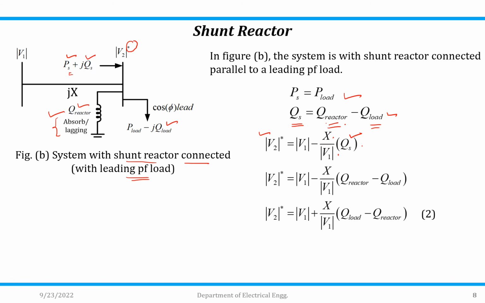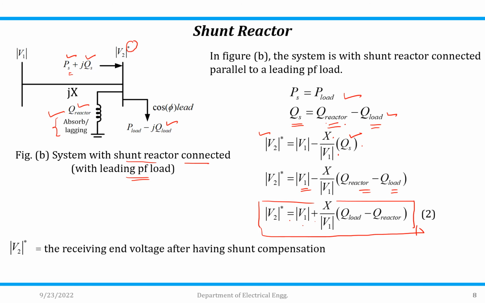So we will get V2 star equal to V1 minus X upon V1 into Q reactor minus Q load. Now I will take a minus sign common, so we will get this expression. Take this as equation number 2: V2 star equal to V1 plus X upon V1 into Q load minus Q reactor. Already we discussed what V2 star is. It is the receiving end voltage after having shunt compensation.